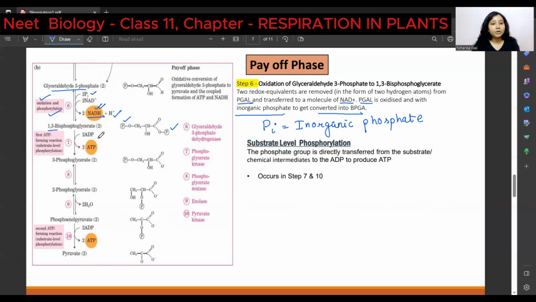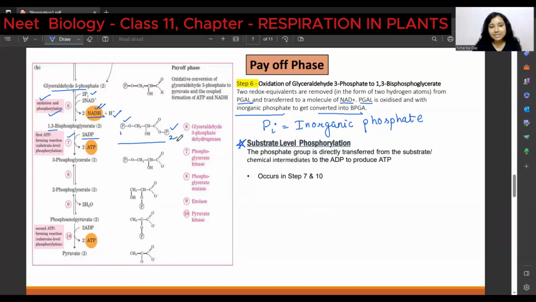Now, this is a very important step, that is the 7th step. This is the first ATP forming reaction. So here we will see substrate level phosphorylation, and by this process the first ATP is going to be produced. We can see here that 2 ADP take the phosphate. There are 2 phosphates present in the bisphosphoglycerate, and this phosphate is going to be taken and take part in the phosphorylation reaction.